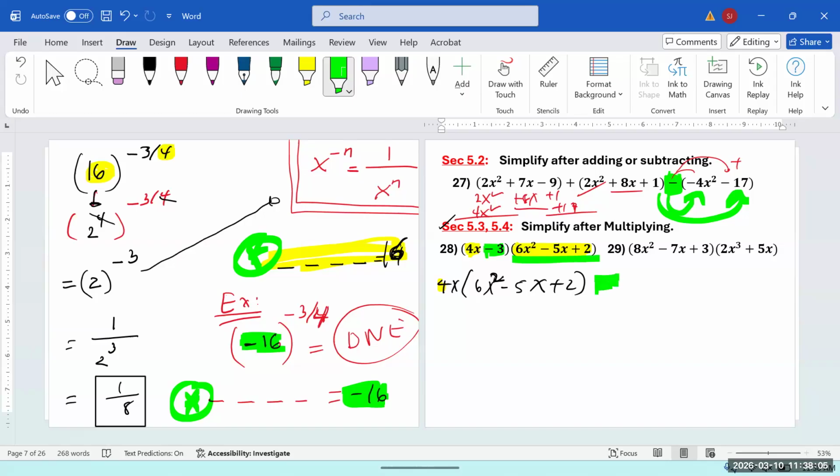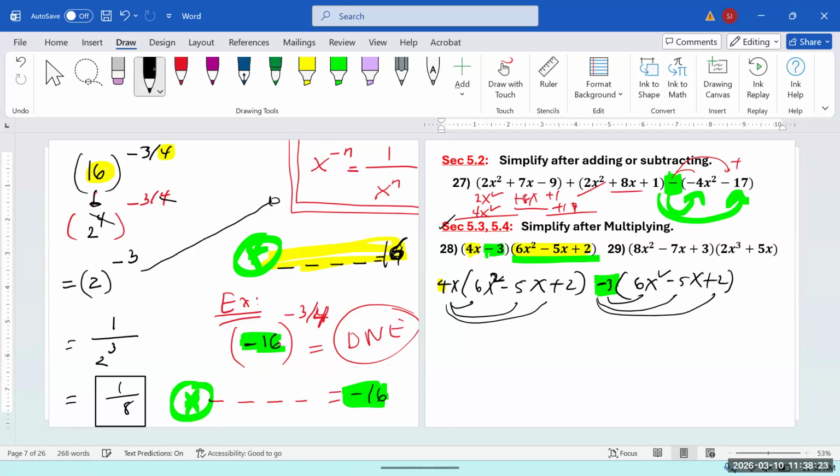So we have -3 times 6x squared minus 5x plus 2. If you break it down this way, then all you have to do is distribute each one and then combine like terms. Or if you find the box method easier, go ahead and use the box method. Definitely one of these.